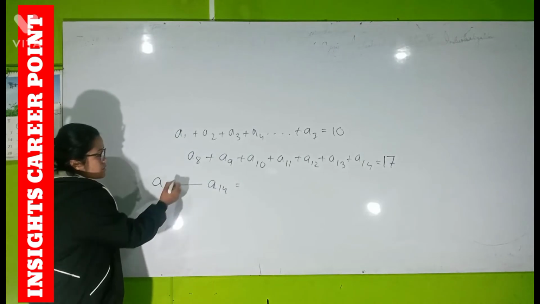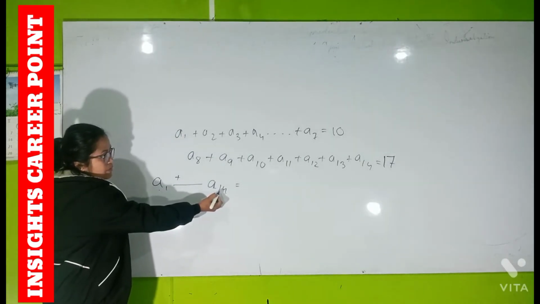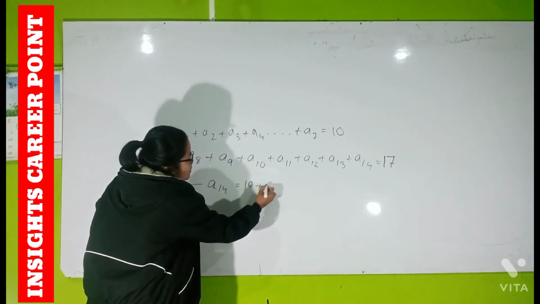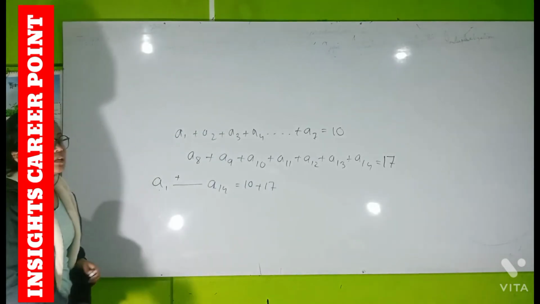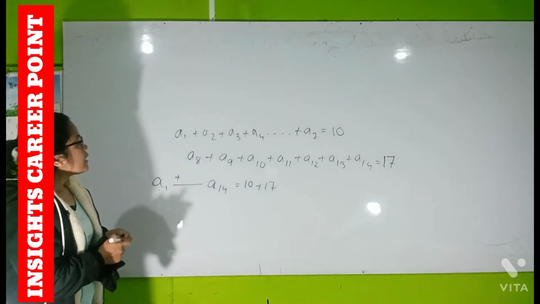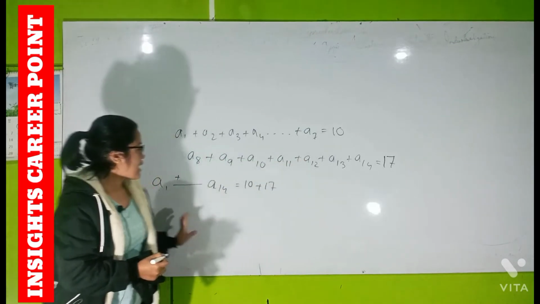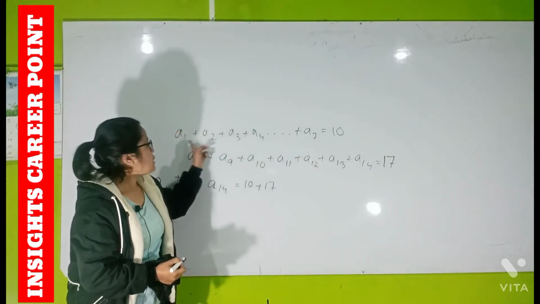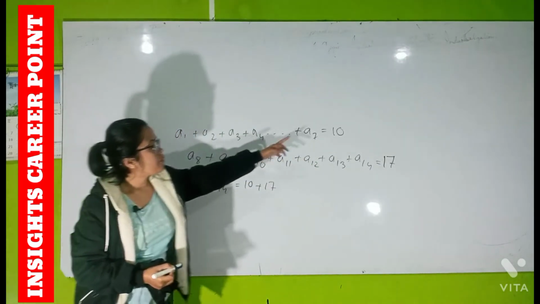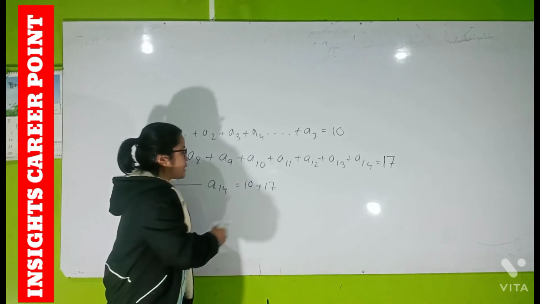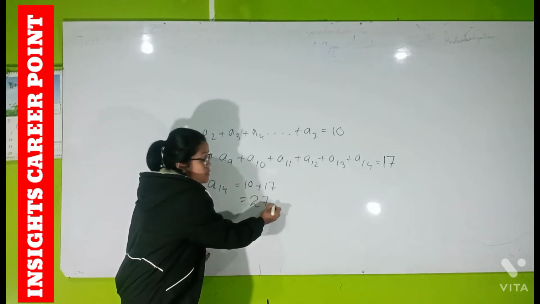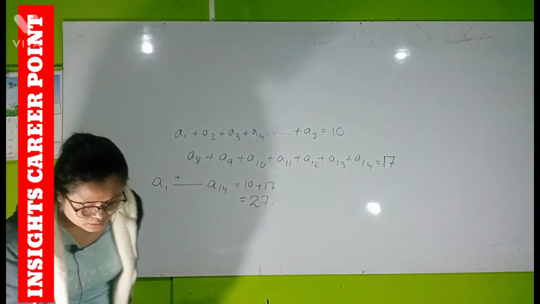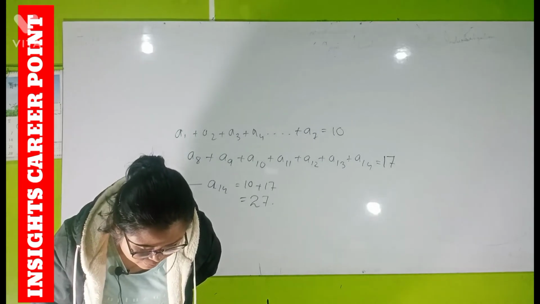What is the value of the sum from A1 to A14? It will be 10 plus 17, which is 27.